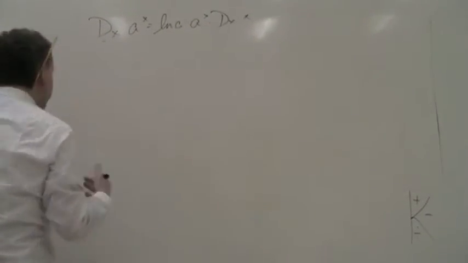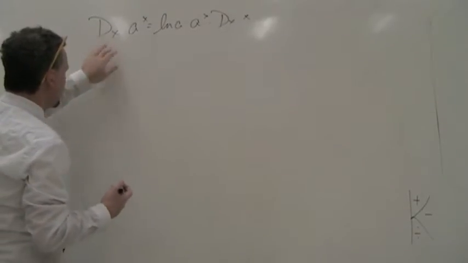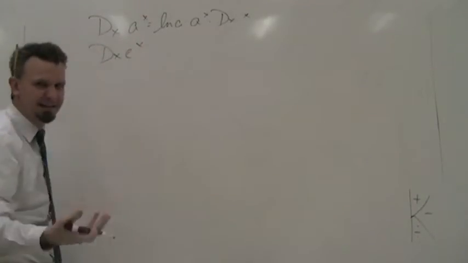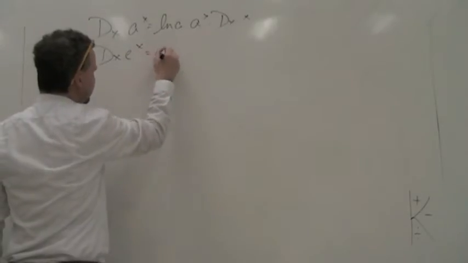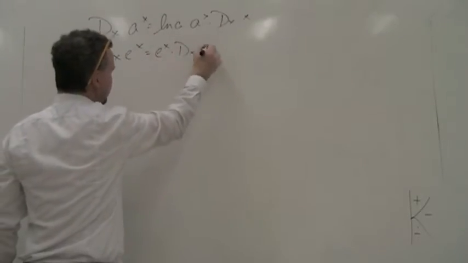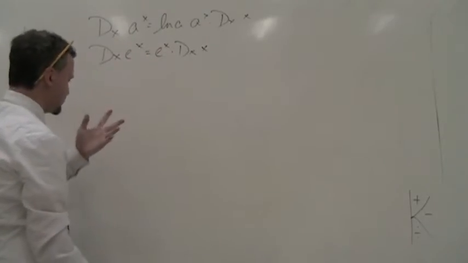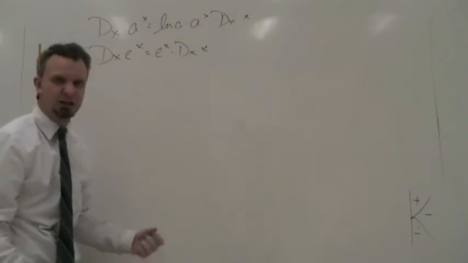Now, I have a couple of things to say about this. What I'm more interested in is what we talked about in the last section, which was the derivative of e to the x. We know that the derivative of e to the x is e to the x times the derivative of the exponent up here, right? That's the chain rule part of it. But e is a number. e is like 2.718.